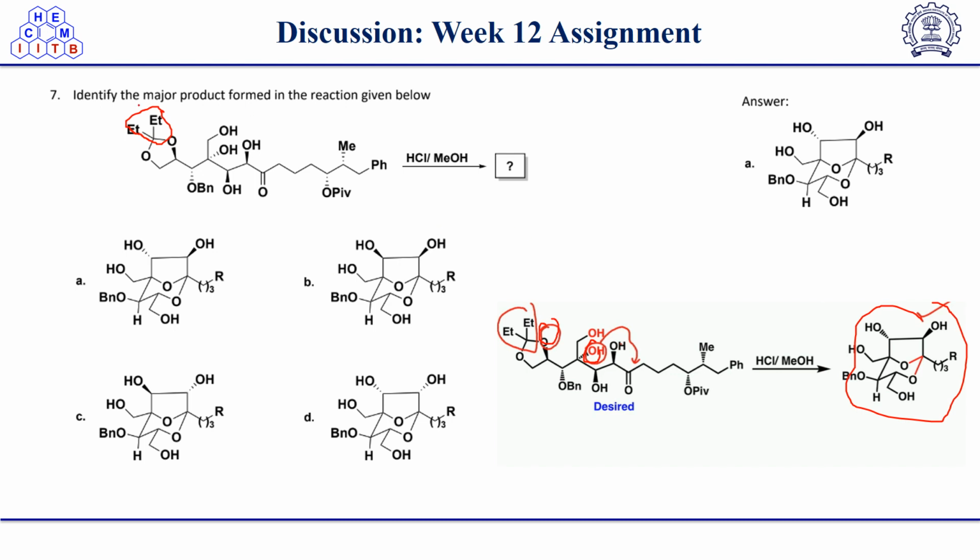So what is happening? This group will get deprotected and there will be two free hydroxyl groups other than the hydroxyl groups present here. Then this particular hydroxyl group and this particular hydroxyl group, that is a 1,3 diol, will protect this ketone as this ketal, and we will be getting this corresponding product.